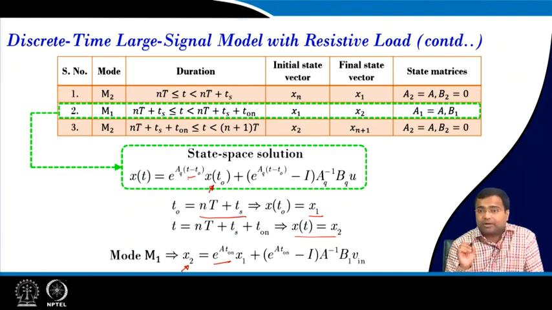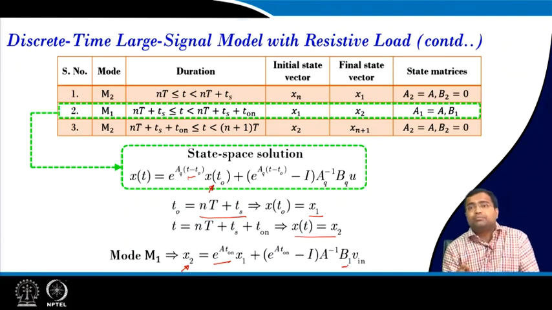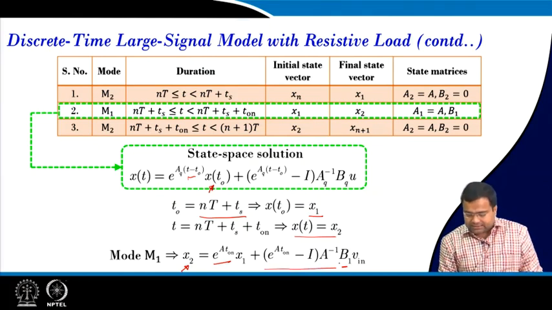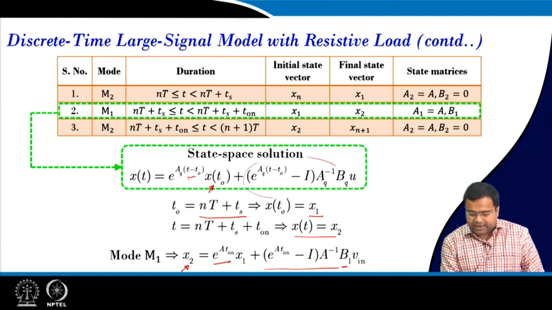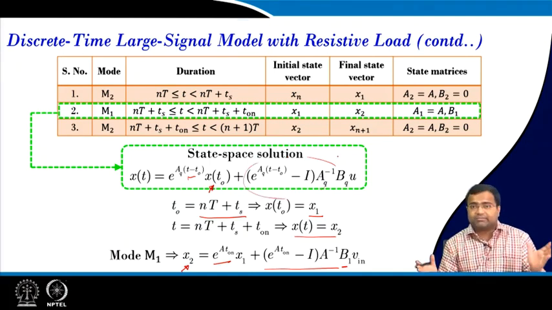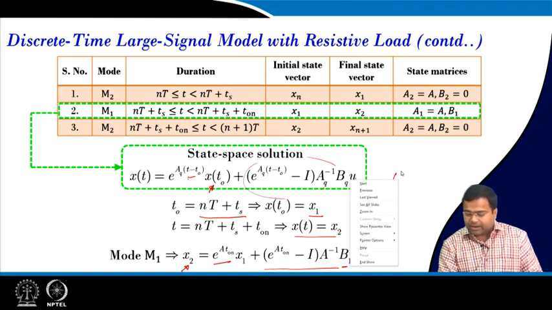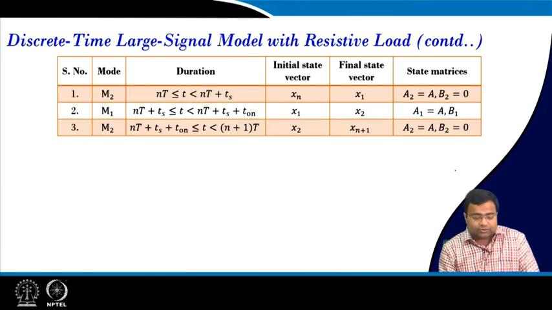In this mode of a buck converter the input voltage is connected, so B1 is nonzero. You will write this, and the solution here requires A1 to be invertible. For a buck converter we know that A1 equal to A2 equal to A that we have taken. So, here we will get the solution.